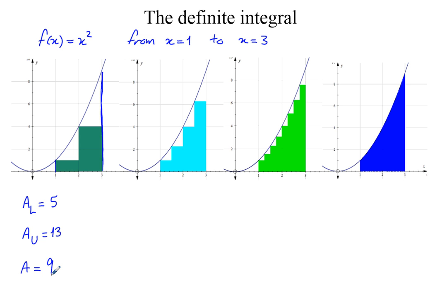And we also said that to improve the accuracy of the estimate, instead of having 2 rectangles, we use 4 or more. So we increase the number of rectangles. So when we increase this to 4 rectangles, the area of lower rectangles was 6.75, and the area of the upper rectangles, the overestimate, was 10.75, and therefore the average area between them was 8.75.